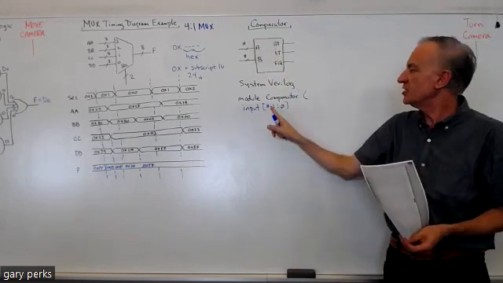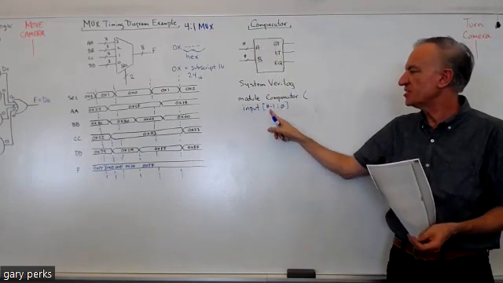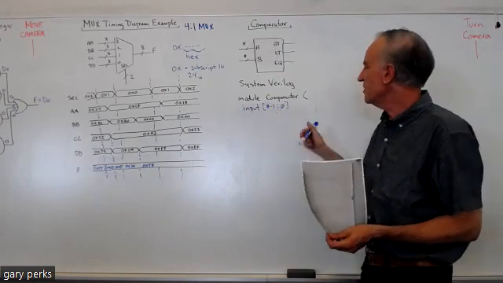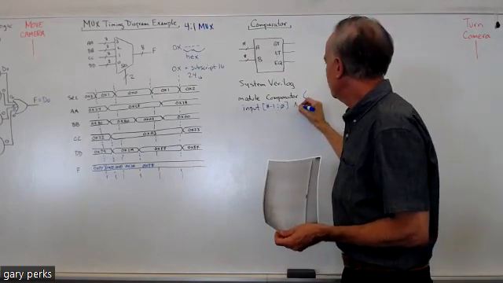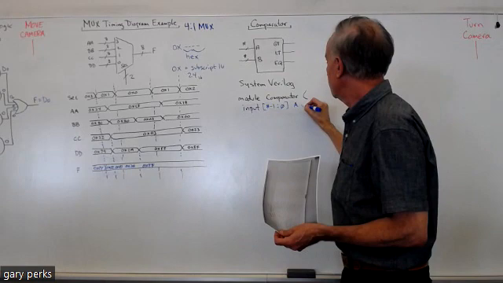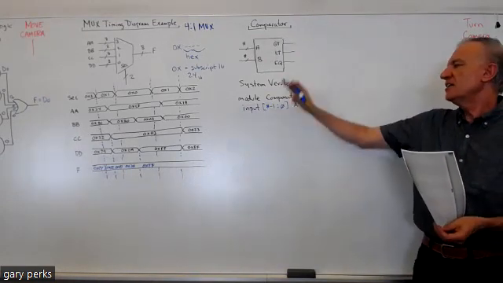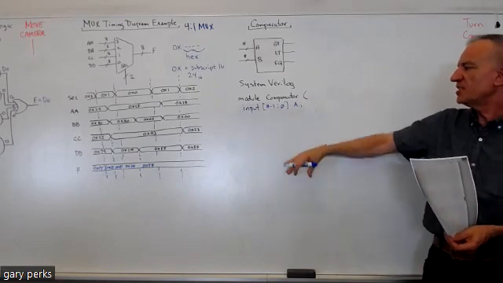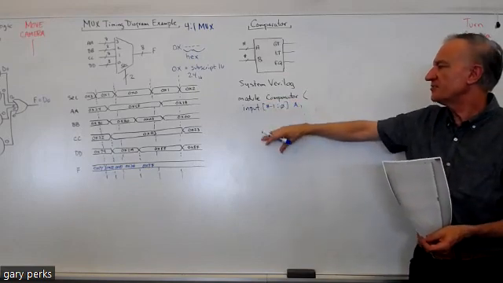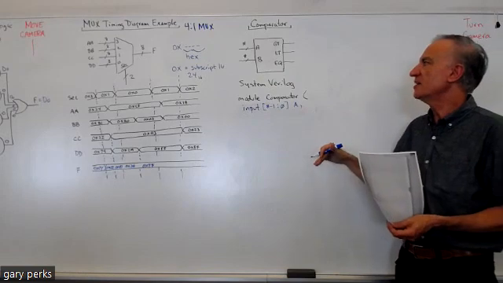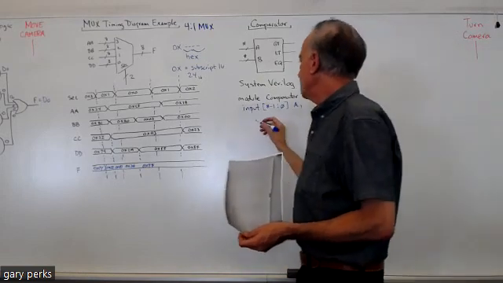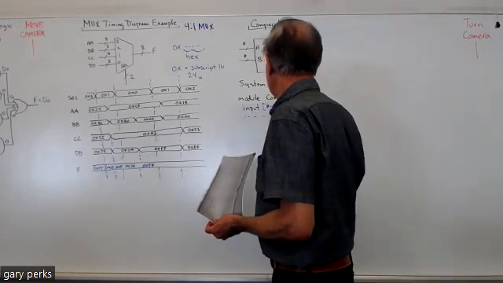If this was 8 bits, you'd put 7 to 0. That's why I put the number minus 1. And it's a comma instead of a semicolon. Again, I'm not going to put everything on here, because you'd have to define input B the same way.